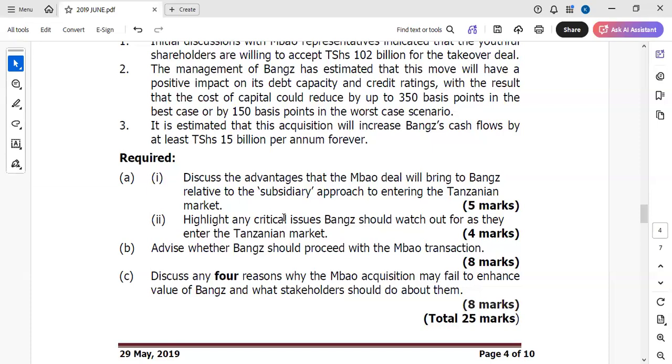That is the subsidiary approach. But whether you use the subsidiary approach or the acquisition approach, you really need to watch out for some of the things. If it was through acquisition, there are things that you needed to watch out for. If it was through the subsidiary approach, there are things that you needed to watch out for.